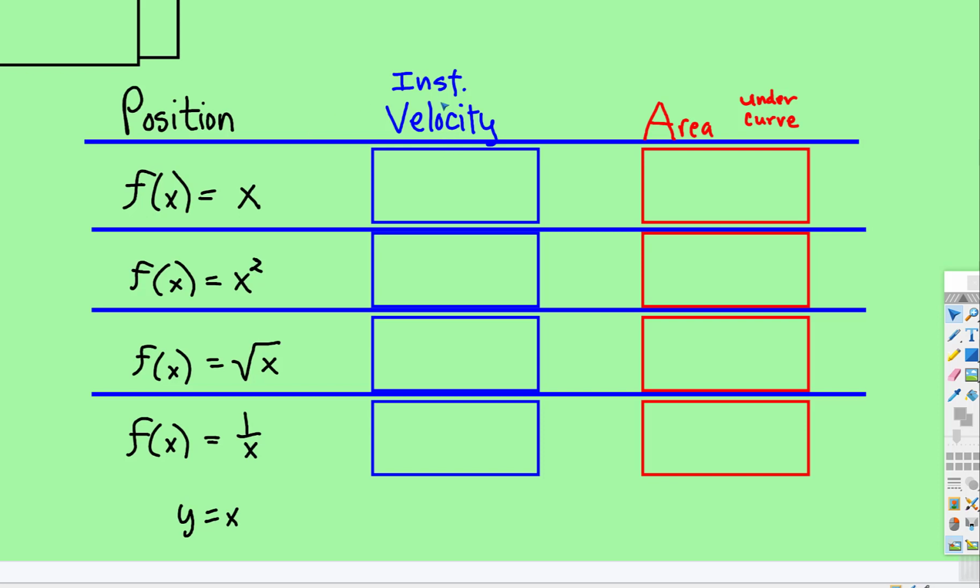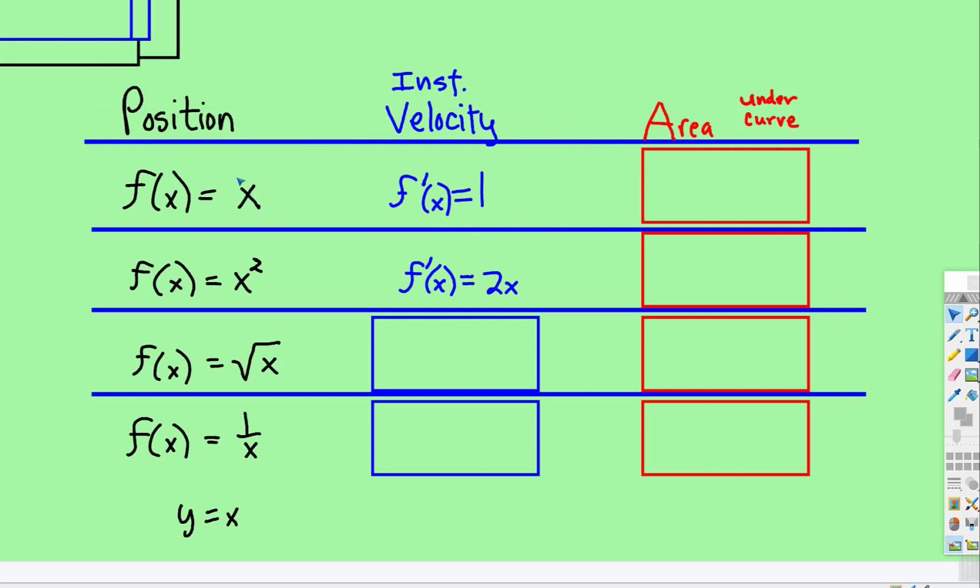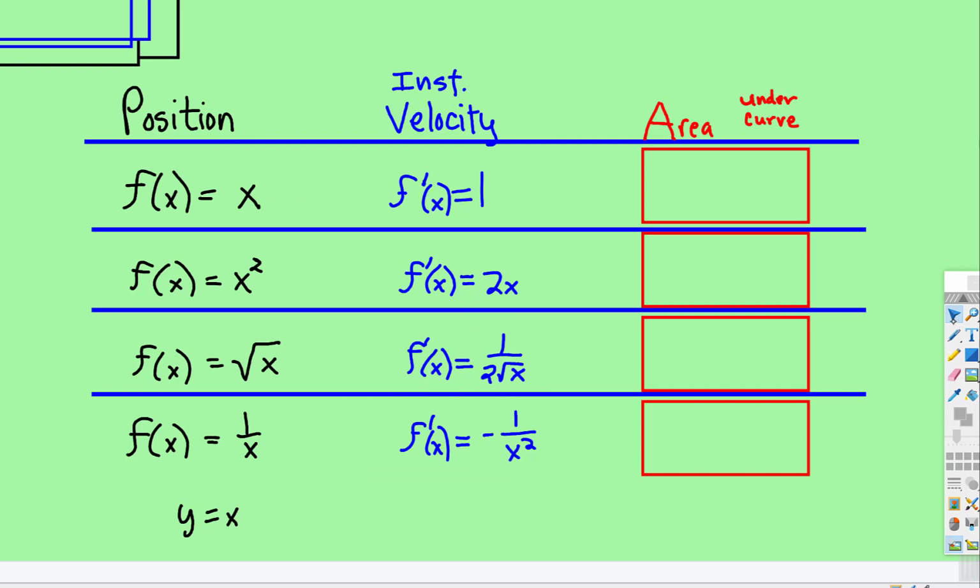Then in calculus, we learn instantaneous velocity, which is the derivative function. When you take the derivative of each of these functions, when you take the derivative of the position function, you get the function that produces instantaneous velocity or slope of the tangent line.